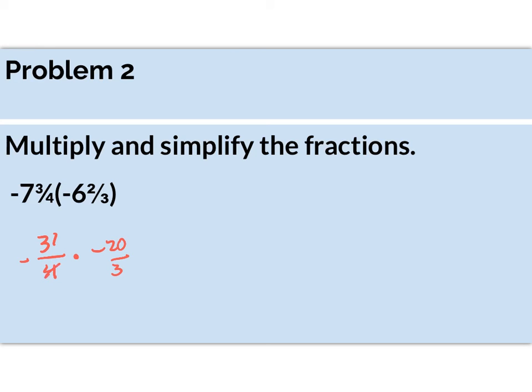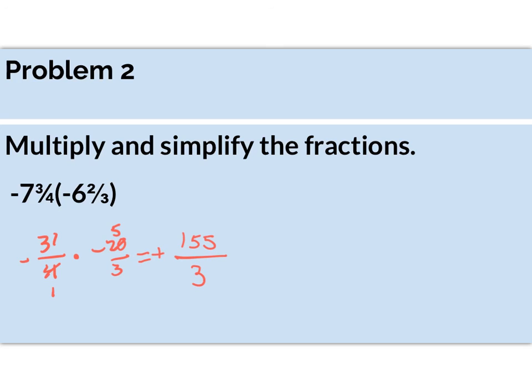So they have a common factor of 4. Make my life a lot easier. Okay, so tops multiply to tops, bottoms multiply to bottoms. 31 times 5 is 155. 1 times 3 is 3. You have two negatives, your answer is positive.